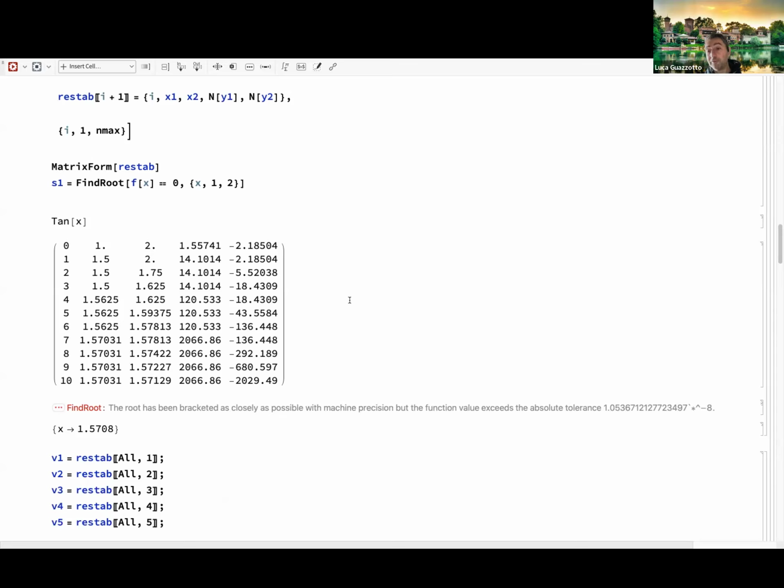But if f is not continuous and x1 is a and x2 is b, there is no guarantee that any value between a and b will be assumed in that interval x1 to x2. And in fact, what is happening here is that the tangent of x is discontinuous, goes to infinity at pi over 2, which is actually what this is converging to.